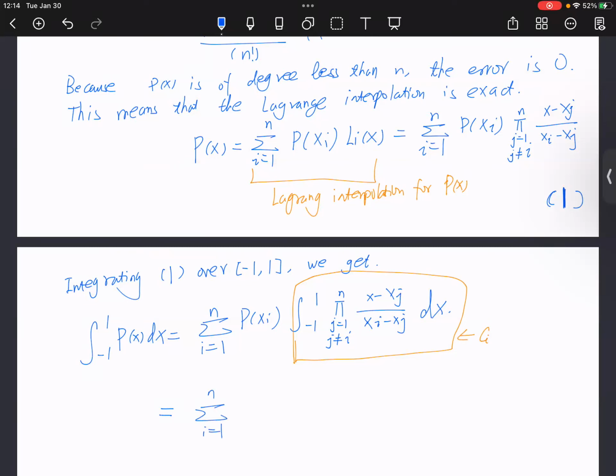And this looks like the quadrature rule we want. This is how we calculate the quadrature rule coefficients: we do the integration over -1 to 1 of the Lagrange polynomial basis function. I think the time is up, so we are going to continue our discussion next time. And we will show this quadrature rule has the highest degree of precision.